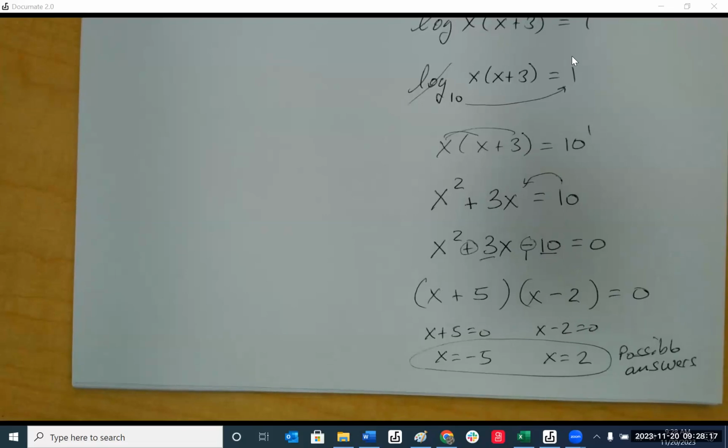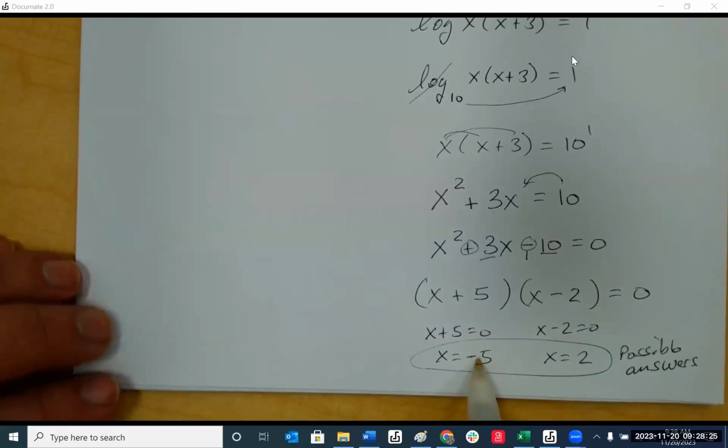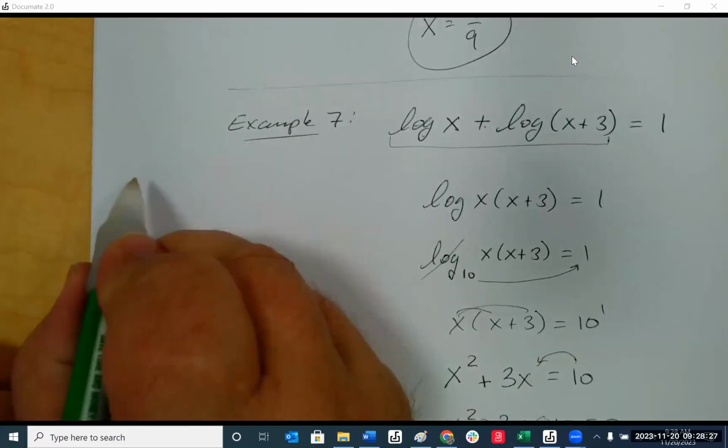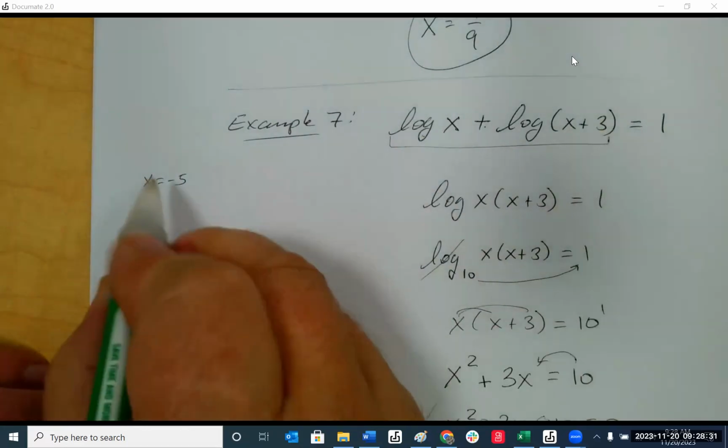Why do I say possible answers? Now we got to check your answer. Let's put the first one in there. So let's say that x equals -5. Here's the equation.